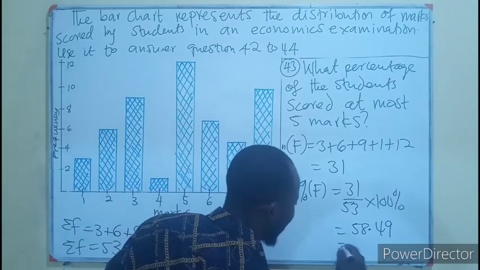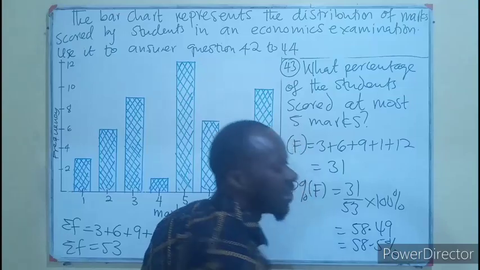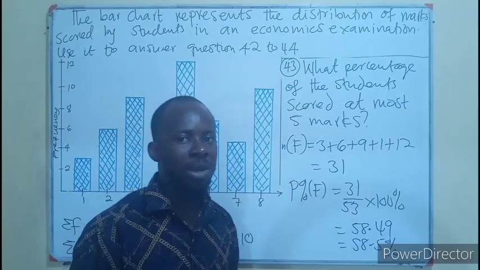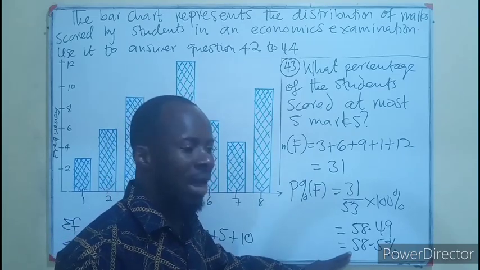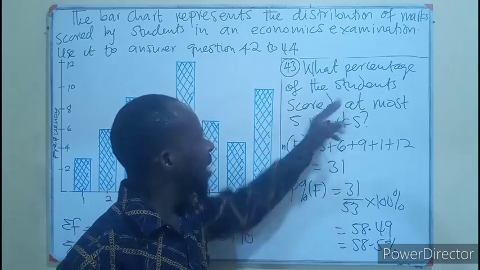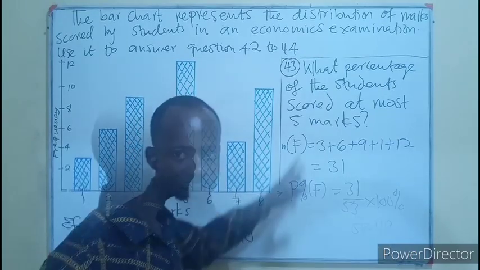And that could be translated to 58.5%. I am moving to 1 decimal place because of the options provided in the answer. So this will be our answer 4, the percentage of students who score at most 5 marks.